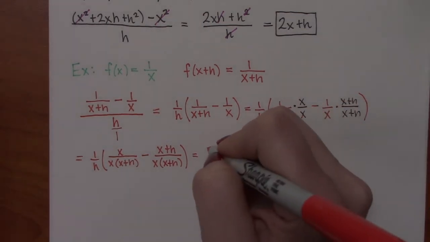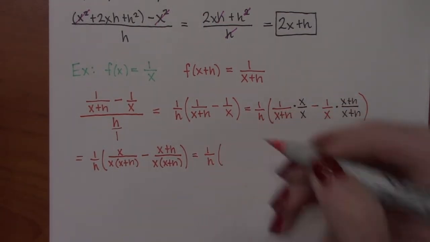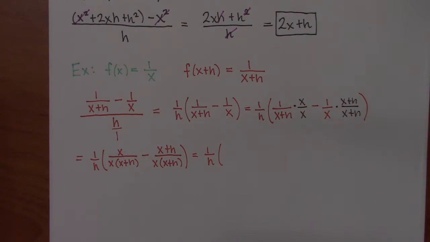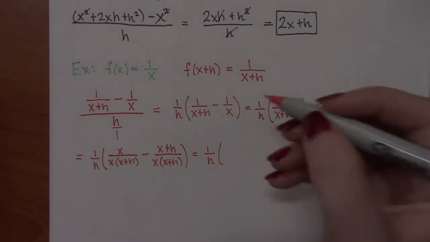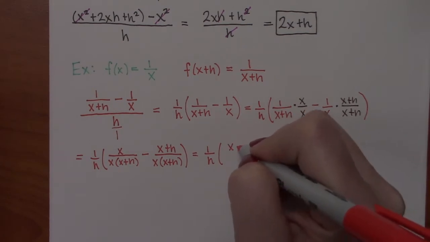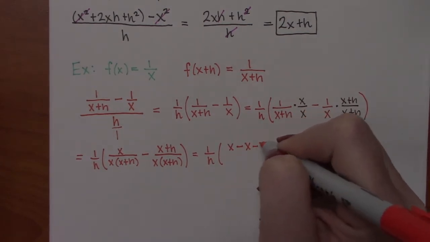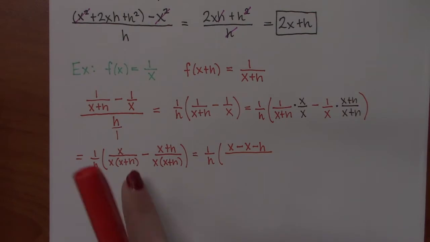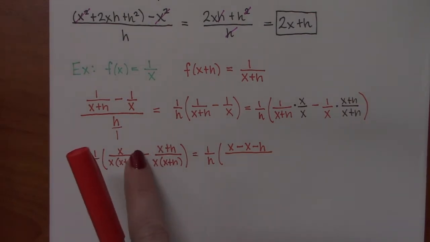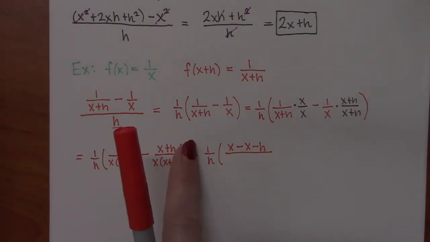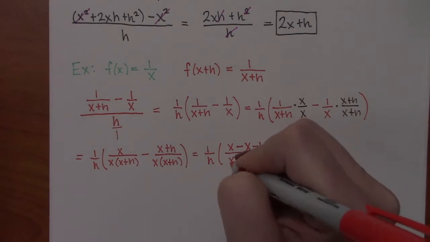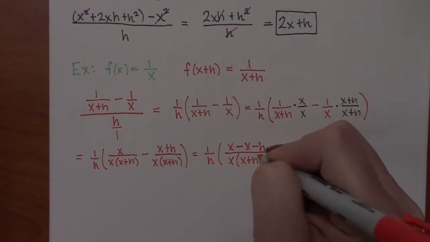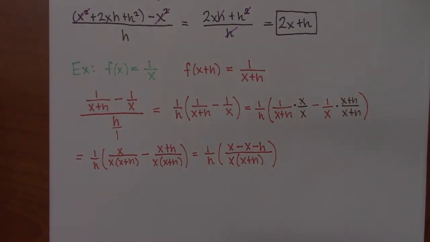But now that I have a common denominator, I'm allowed to just combine the numerators. So, if you have 2/3 plus 1/3, you can just add 2 plus 1. So what I'm going to get here is x minus x minus h, because this negative sign gets distributed across that numerator. And this is still over x times x plus h. So look what's going to happen here.